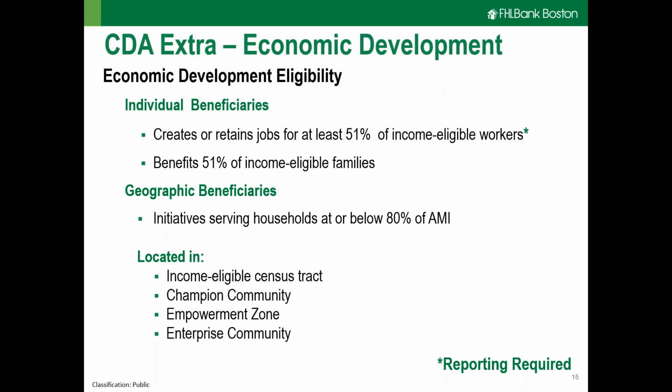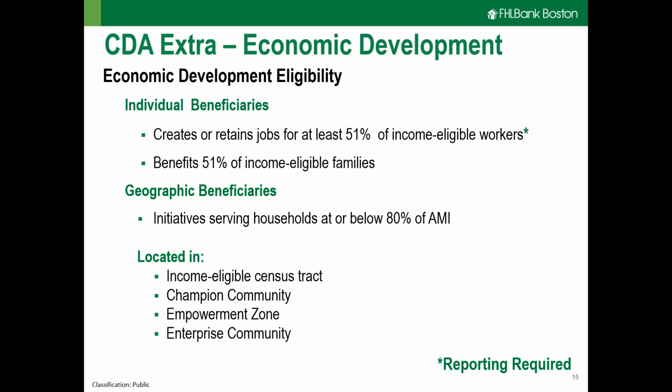We are not looking to receive the full employment roster and the incomes of those employees. We're looking for the customer to provide you with that statement, and that's what we'll use as documentation for eligibility.